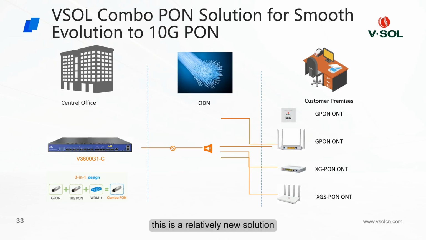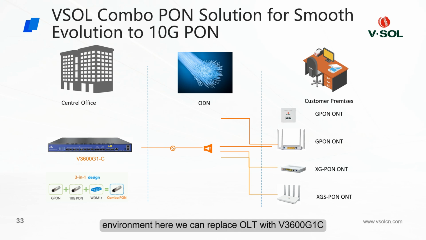This is a relatively new solution. Many of the previous solutions were planned in traditional PON networks, but now customers have increasingly higher bandwidth requirements for the network, so it forces upgrading and transforming the existing PON network. We certainly hope to complete network updates and transformations with minimal changes to the environment.